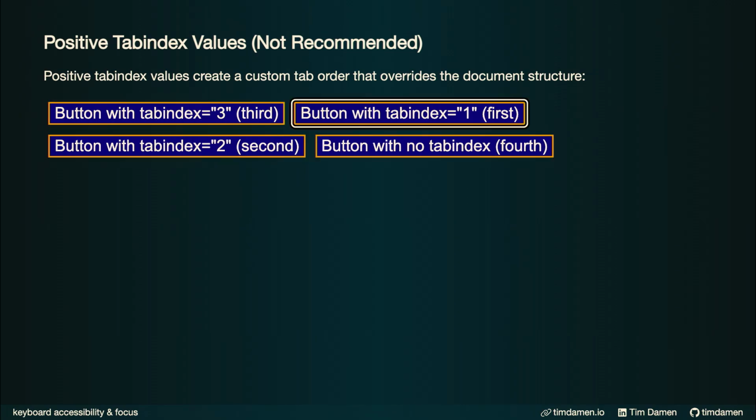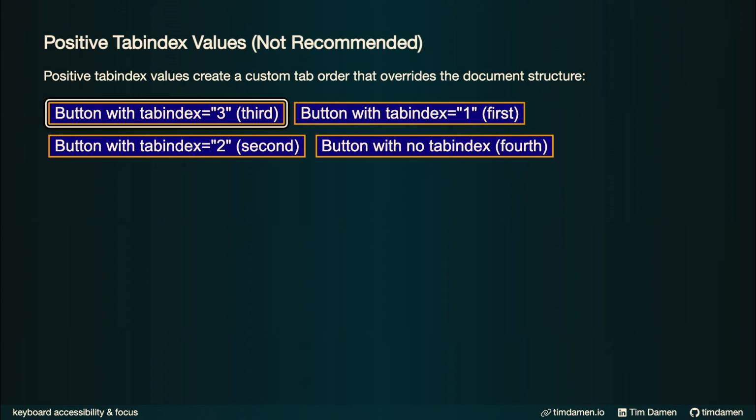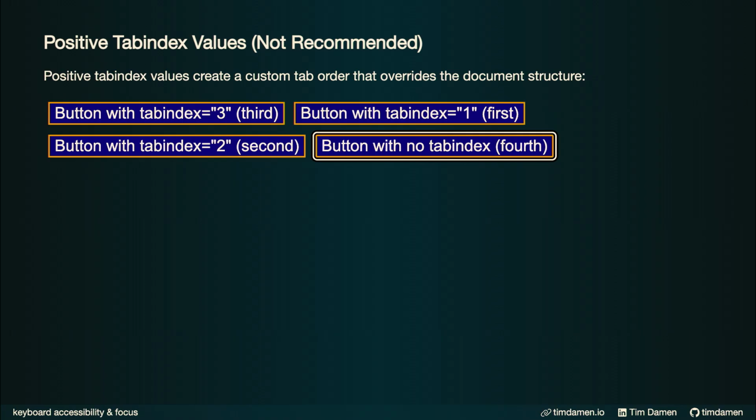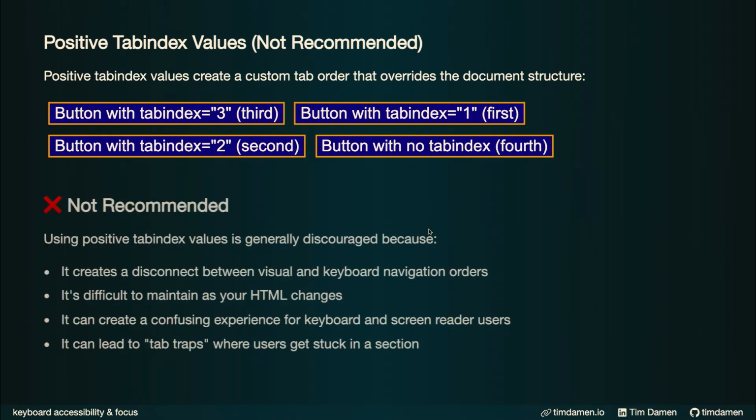So that's also the order that they're now going in. So you can really see that now not the natural default order is used, but 1, 2, 3, 4. And you can see how we can mess up the focus order this way. So I wouldn't recommend using this at all.